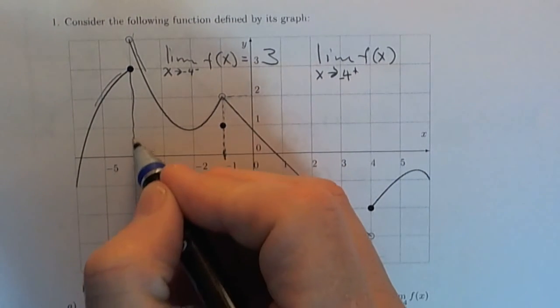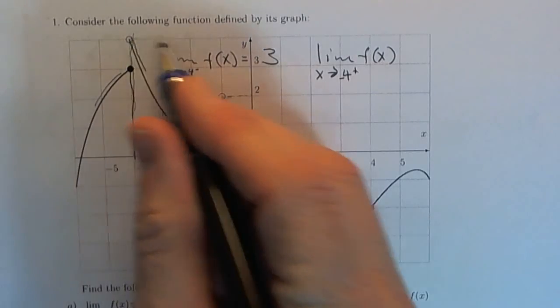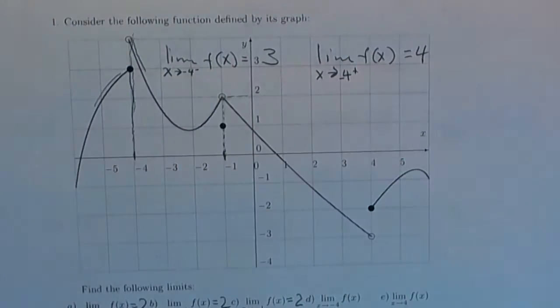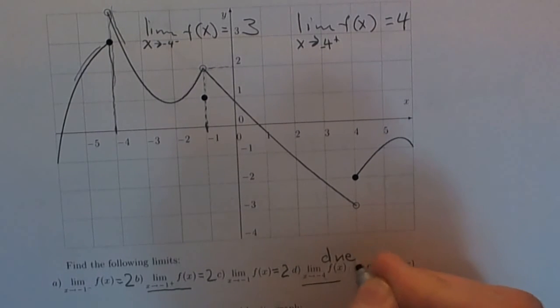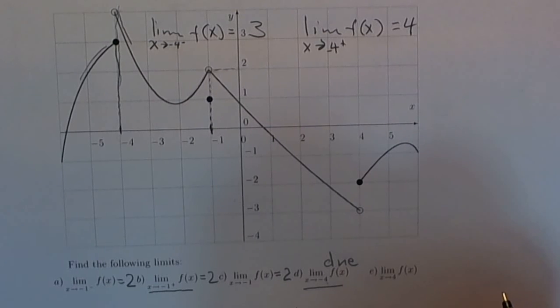So I'm here and I move up until I have graph to my right. And I take note of the altitude up there, and that looks like it's going to be 4. So the left-hand limit and the right-hand limit are different. So this one does not exist. The limit as x goes to -4 does not exist.